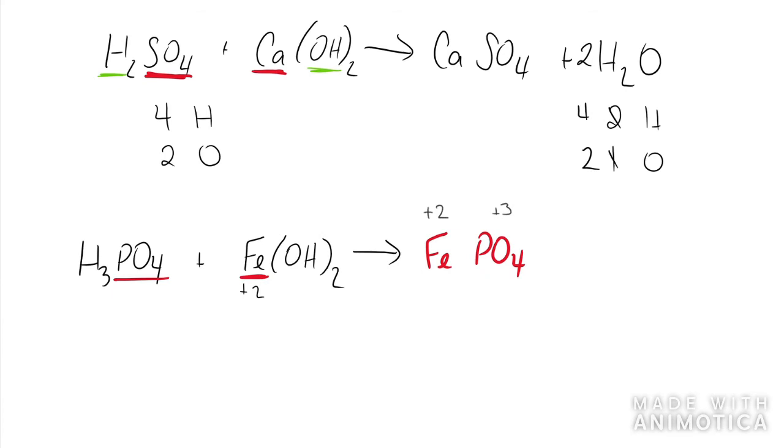So if we switch them, do our crossover method, we have Fe3, and because this is a polyatomic, we need our brackets before we put our 2 down. And then what do we end up with? Well, OH and H, which gives us water.